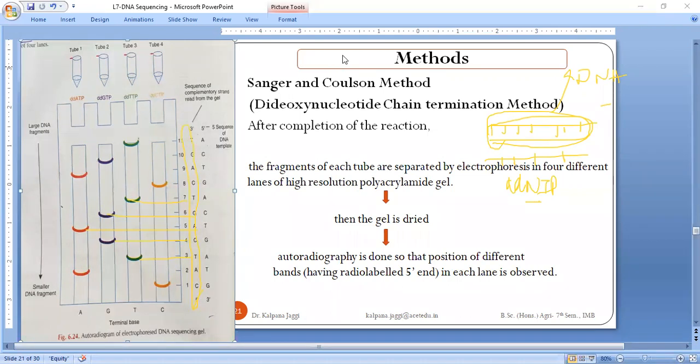Why so? Because the other sequence is going to be complementary, of course.